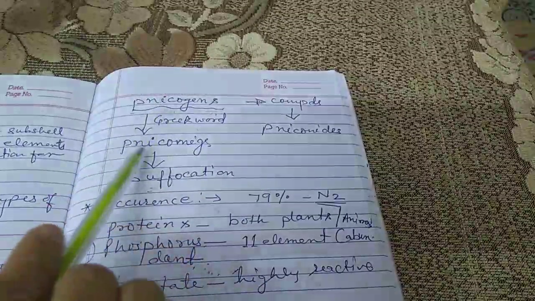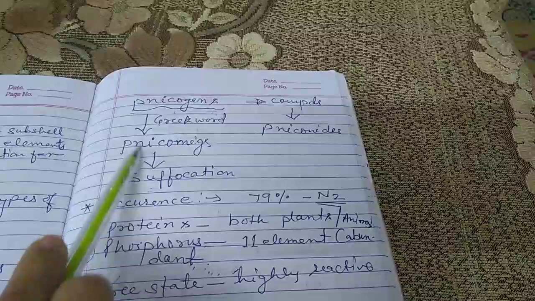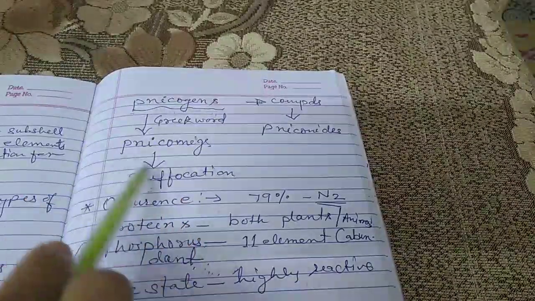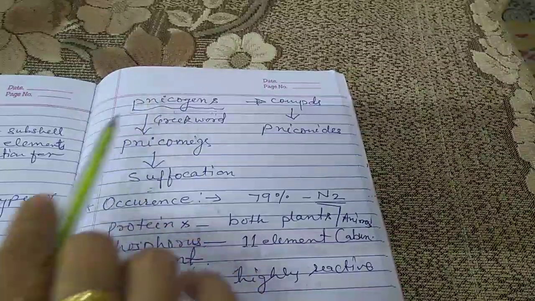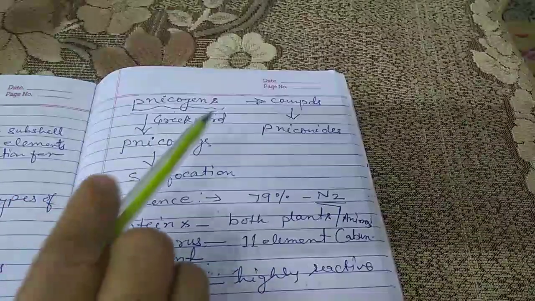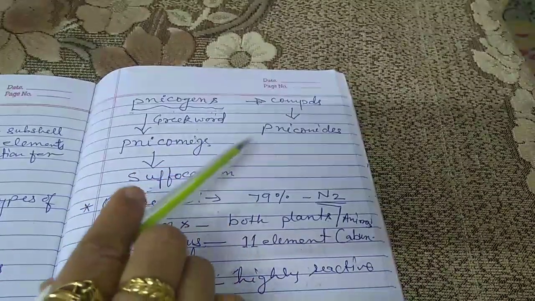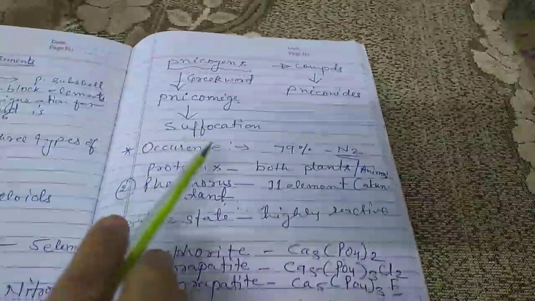Actually this word is derived from pnikos, which is a Greek word, and it means suffocating. So all the members of the family have the suffocating property, and their compounds are known as pnictides. The compounds of the group 15 elements are known as pnictides.